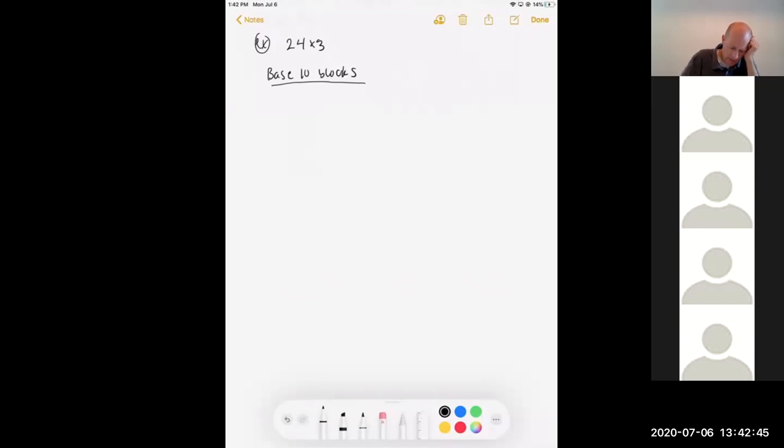And what we do is we diagram the 24 and the 3 as we go on here. When you use base 10 blocks, you need to use a key. So let me put the key in here.